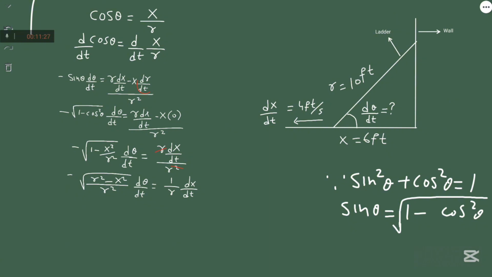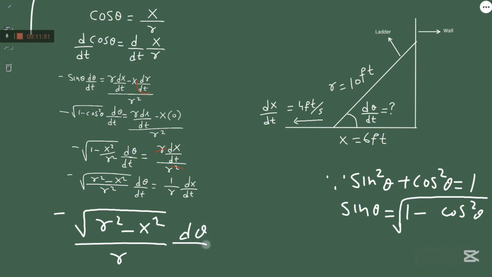So further I can write minus the square root of r square minus x square over r, d theta by dt, equal to.